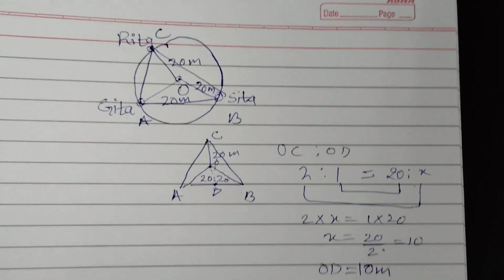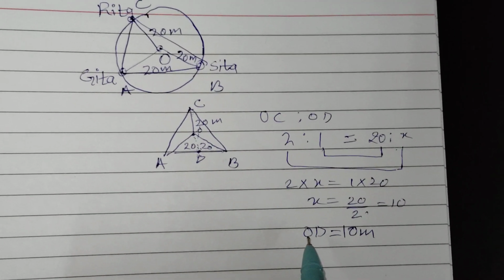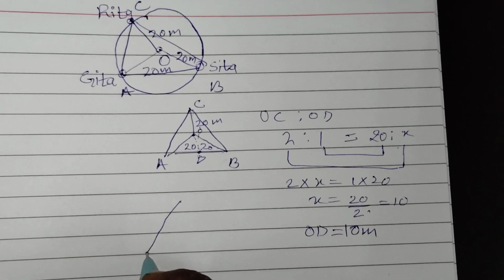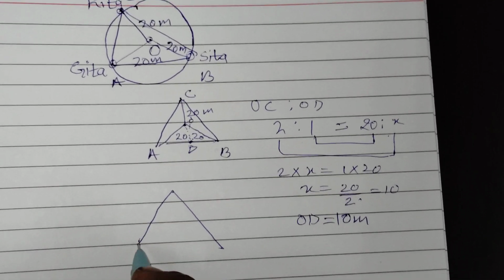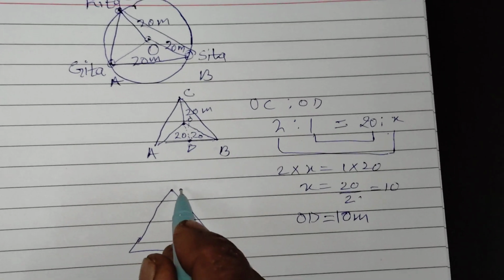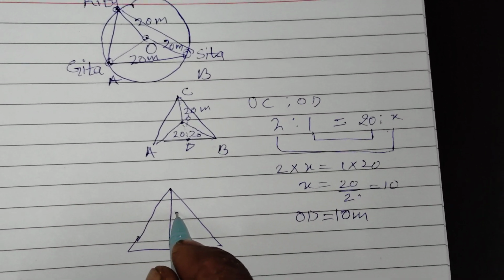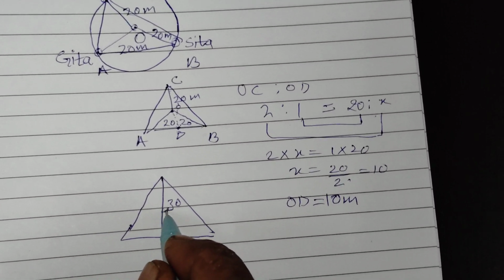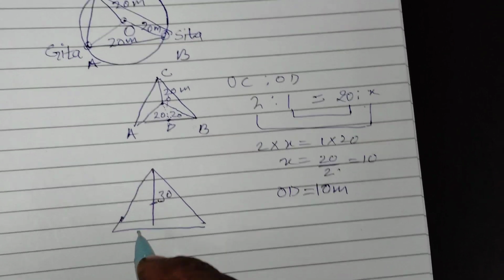So we can say that the altitude of the equilateral triangle is 10 meter. After finding the altitude of the equilateral triangle, we can find the side. Suppose this is the altitude: OD is 10, so 20 plus 10 is 30, the total height.